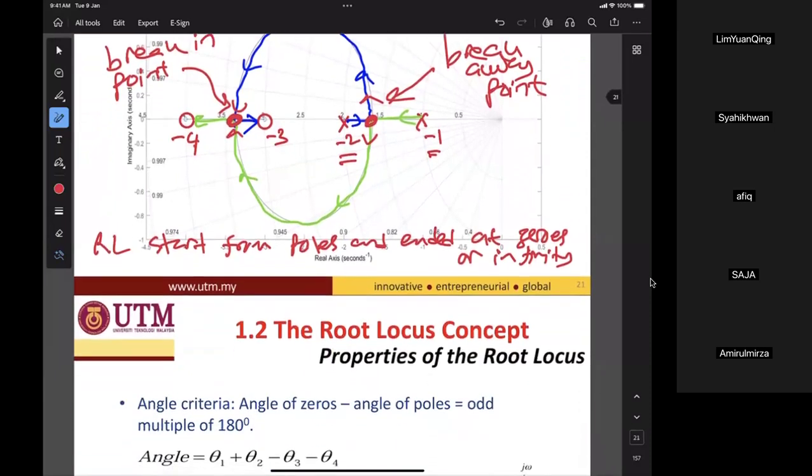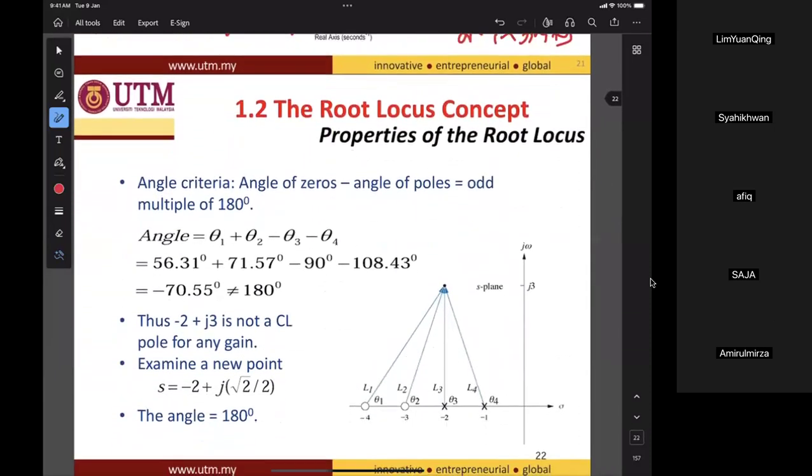So our task now is to check whether this point -2 plus j3 is on the root locus or not.